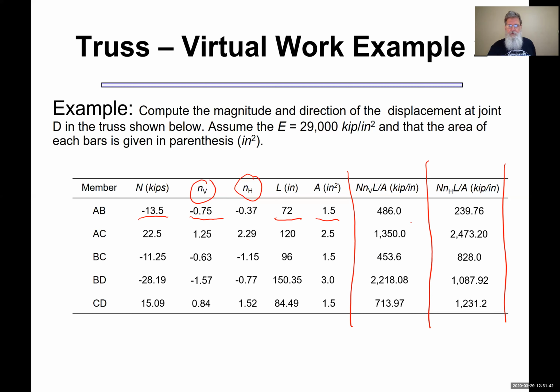And then I'm going to sum these up to get the total contribution to the vertical, and then sum these up to get total contribution to the horizontal. The numbers are just coincidentally close, but there's nothing there that you should take from that. Just numerically, that's the way that came out.